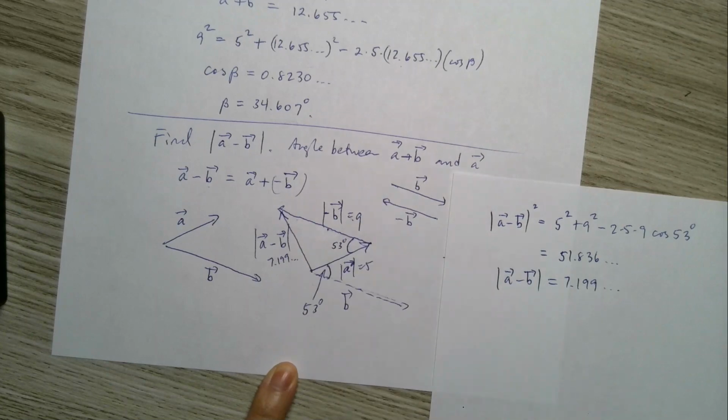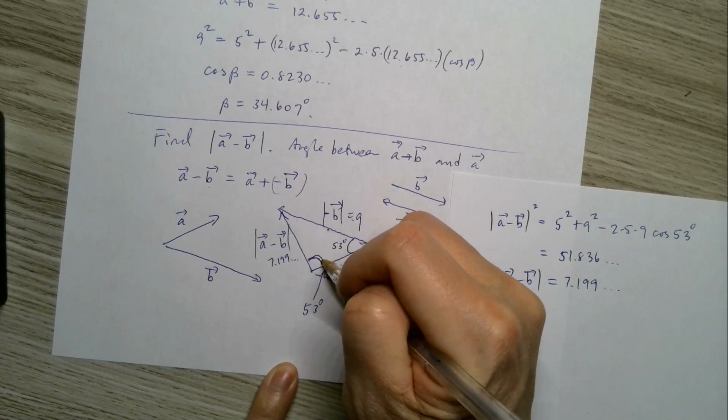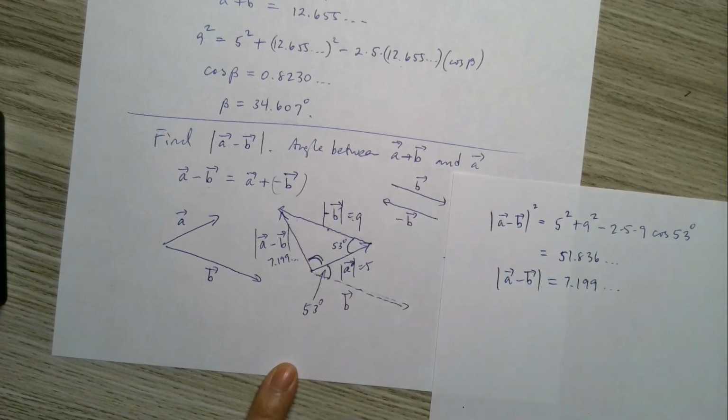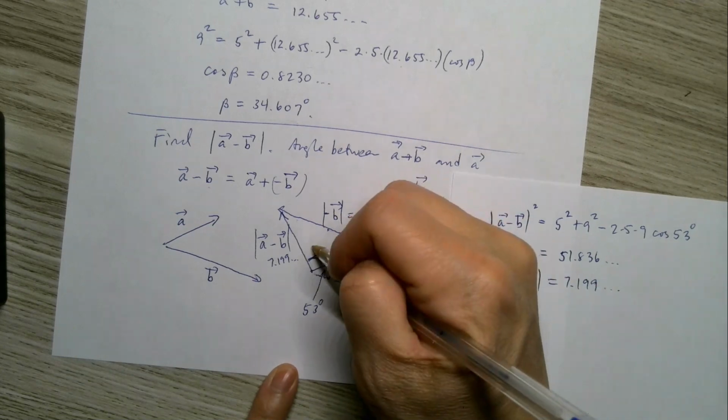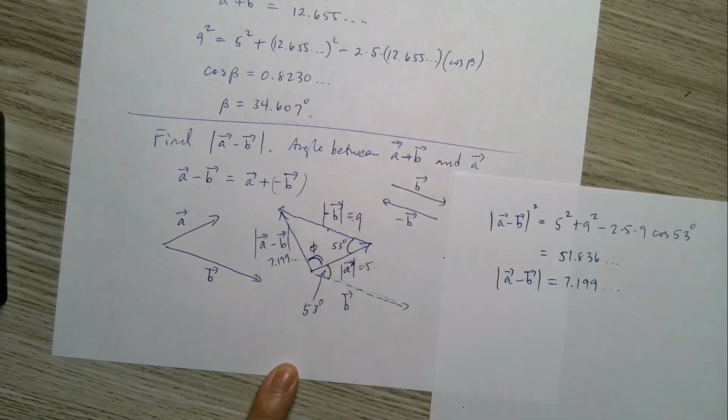Okay, so this is 7.199. Now I need the angle between that vector and the original a vector. That would be this angle. So I will use law of cosines again. I'll call this angle phi.